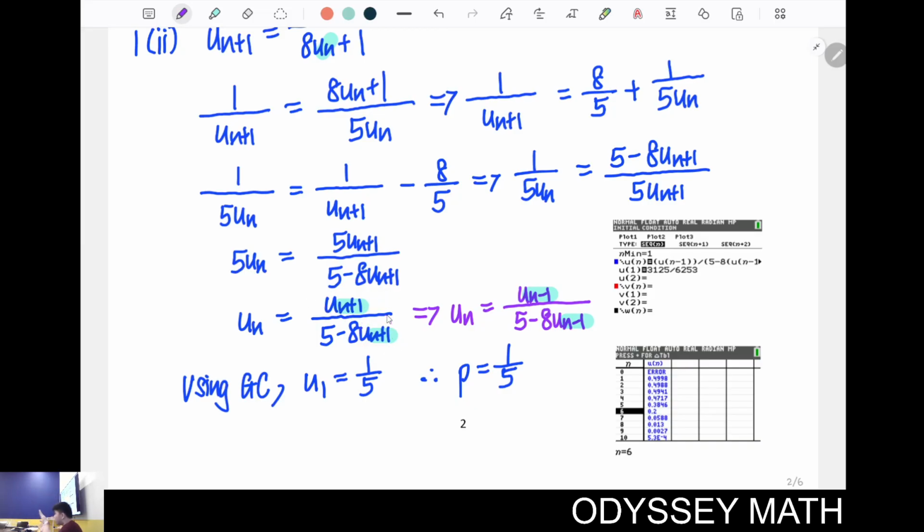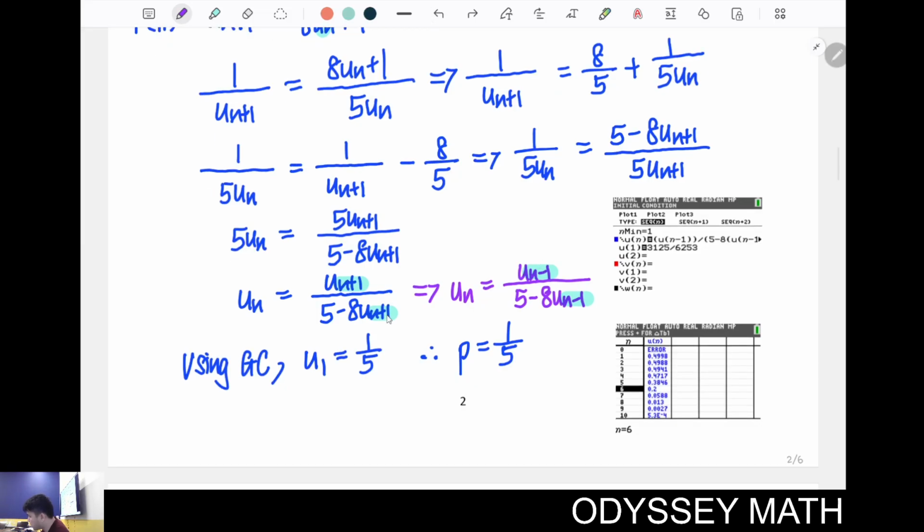Okay, I reverse the sequence. I treat the term after now as the input, and then I rewrite it as un minus 1 instead of un plus 1. So this way, I can key in my GC so that now the GC will be able to take in this equation. Okay, and then n min I set as 1 because I begin from u1.